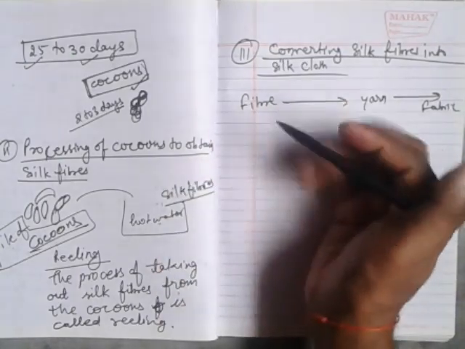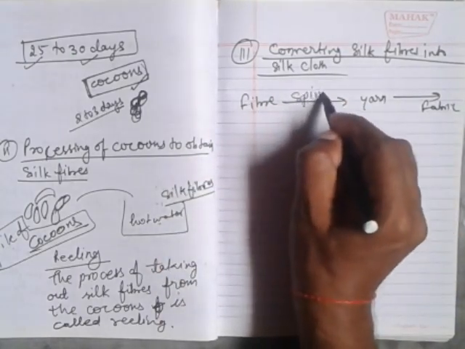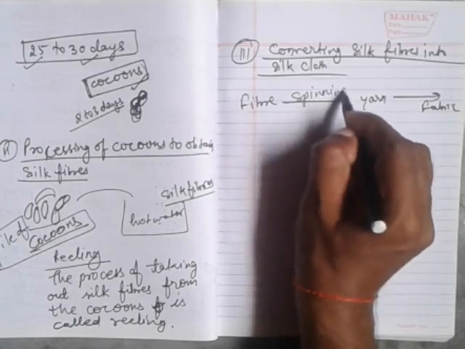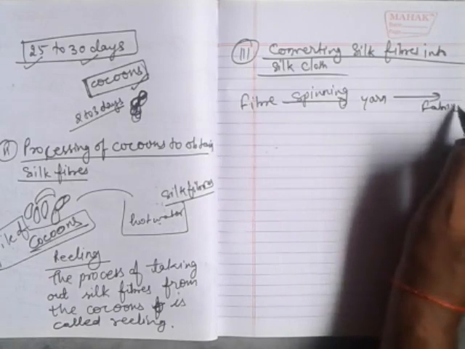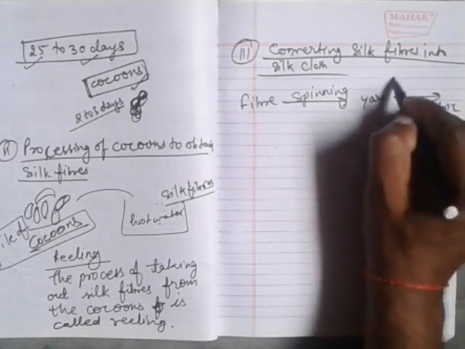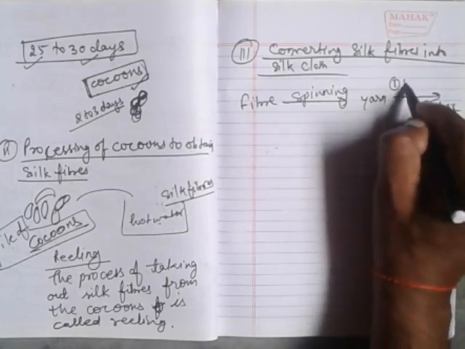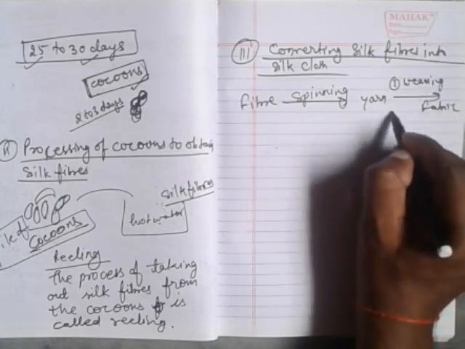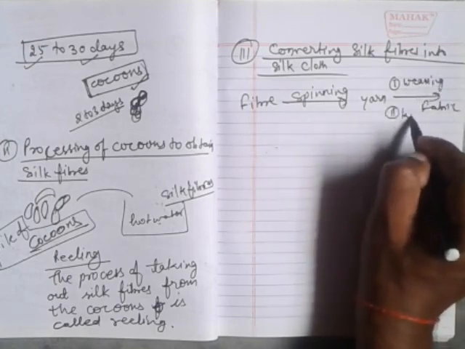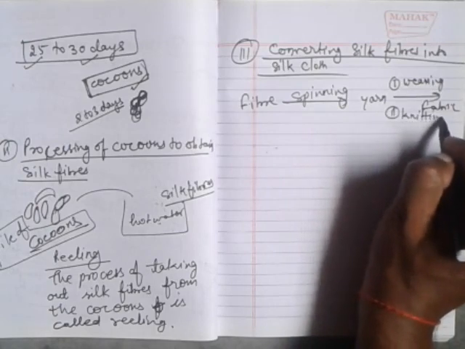And yarn is obtained by the spinning process, and then from yarn we obtain fabric with two processes, weaving and knitting.